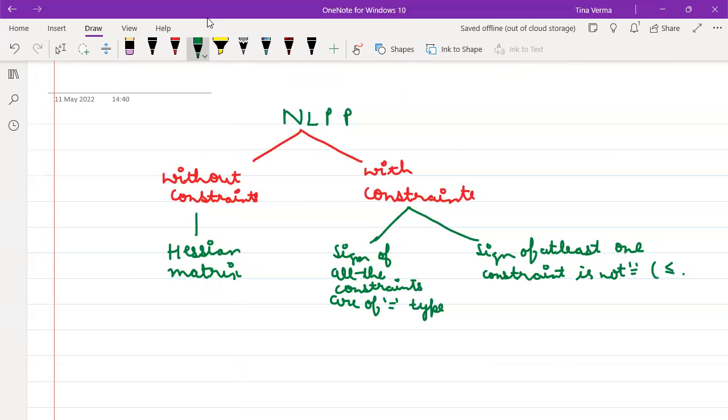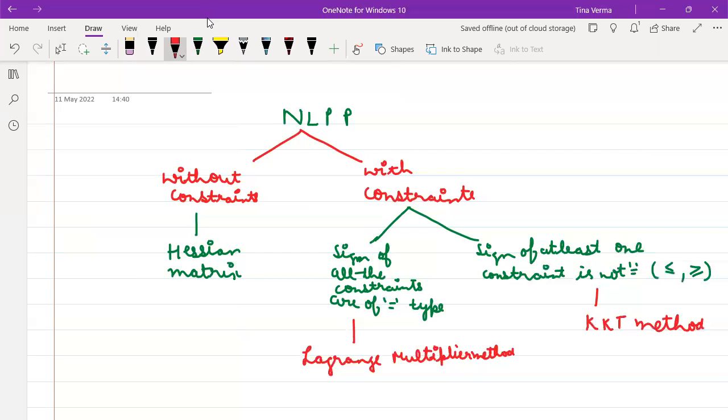That means it can be less than or it can be greater than, right? So if you have this, for this we will use the Lagrange multiplier method, that we will discuss in this class. And for this, we will go for the KKT method.